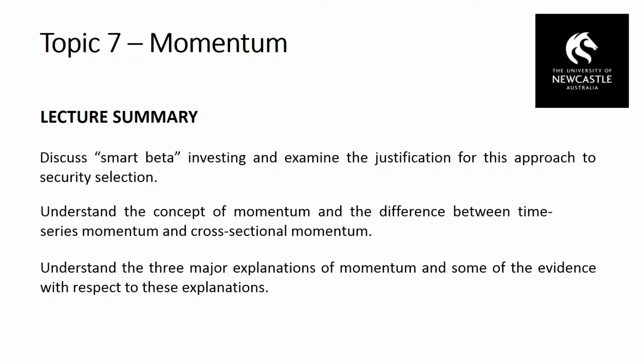One feature that we do know about the momentum investment strategy is that it does suffer from infrequent but very large negative drawdowns. We saw one from March to May 2009, when the momentum investment strategy lost approximately 50%. These infrequent large negative drawdowns result in the momentum return distribution being negatively skewed.